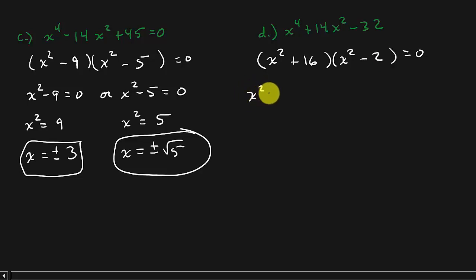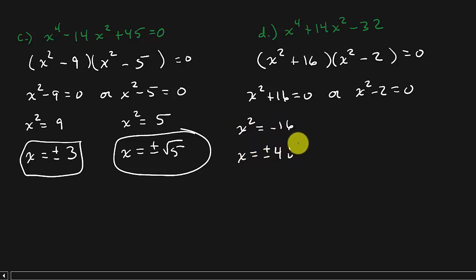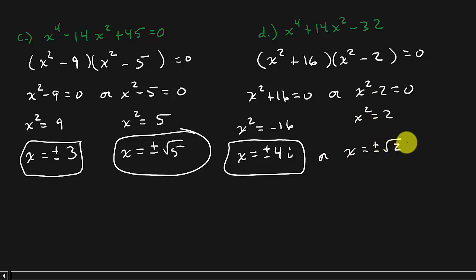So I get x squared plus 16 equals 0, or x squared minus 2 equals 0. Once again, look at that, square root property. So x squared equals negative 16. So x is equal to plus or minus 4i. There's 2 solutions. And then here, x squared equals 2. X equals plus or minus square root of 2. All right, so that's not too bad.